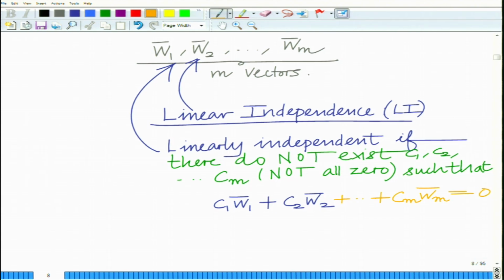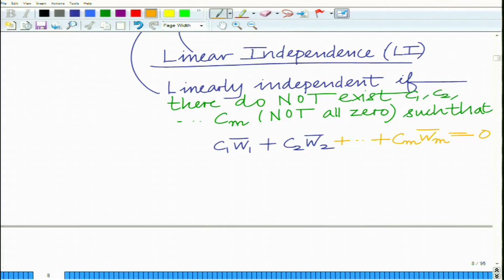That is, there cannot be a set of constants c1, c2, cm such that c1 w bar 1 plus c2 w bar 2 so on and so forth up to cm w bar m equals 0.